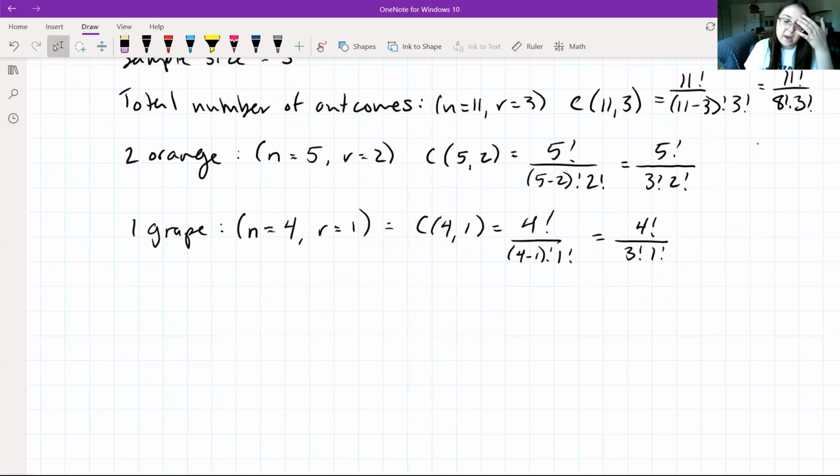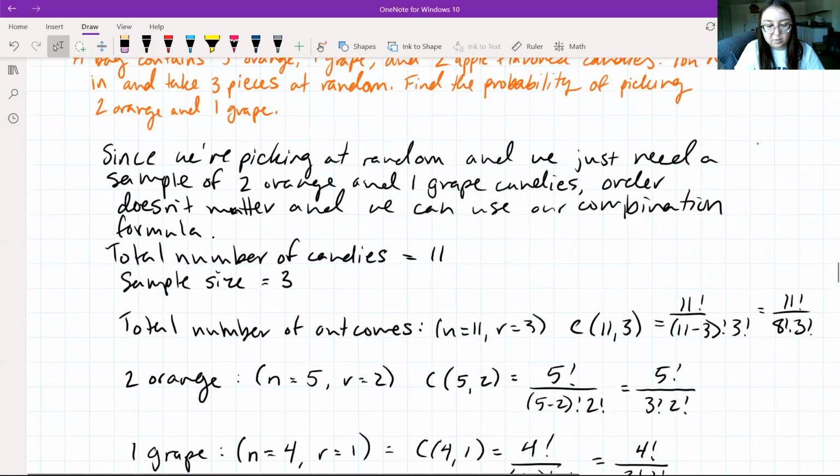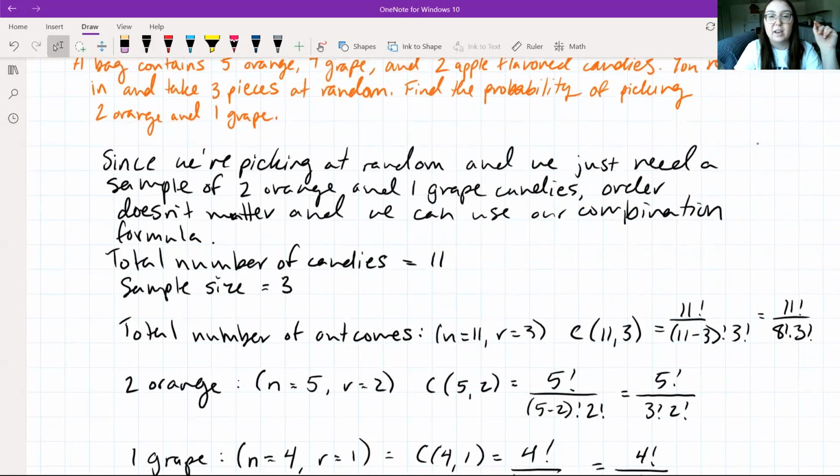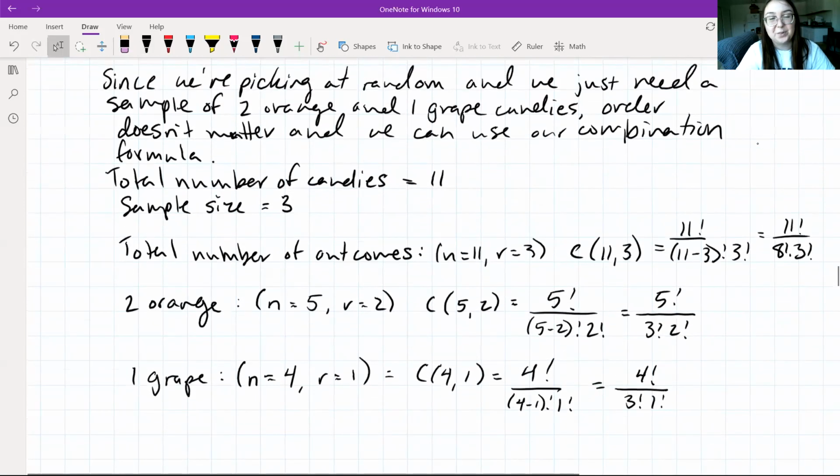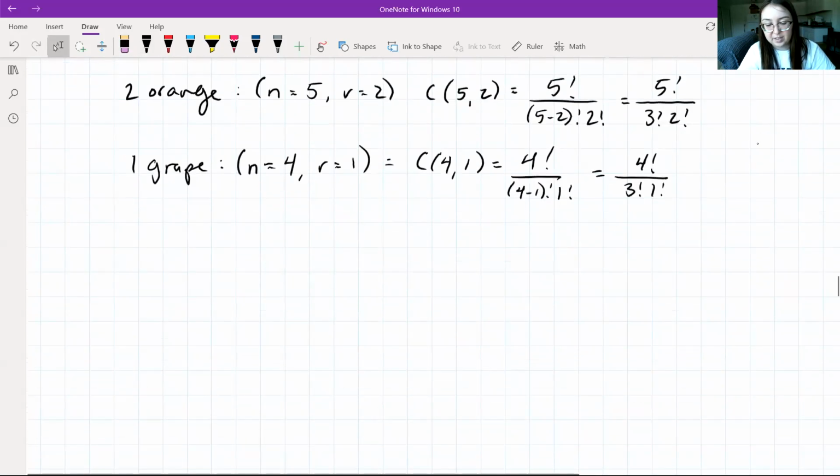All right, so now we have all the values that we need. So we see that we want 2 orange and 1 grape. So we know that the total number of outcomes for picking 2 orange and 1 grape candy, their singular outcomes are going to have to be multiplied together, and those will be our total number of events or elements in our event.